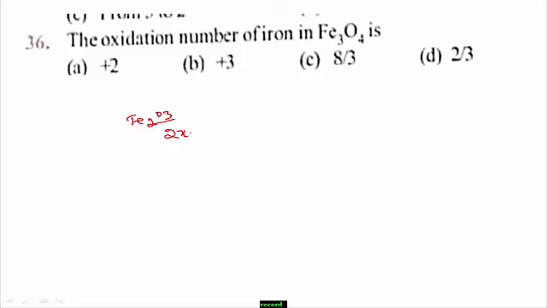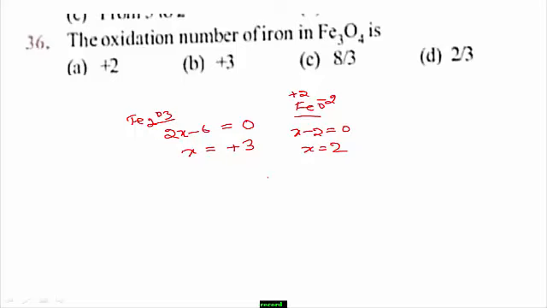Fe2O3 is 2x minus 6 equal to 0. Therefore x equal to +3. In FeO, calculate the Fe oxidation state in FeO. Here you know oxygen is -2 and definitely Fe is +2. Or you can calculate like this, x minus 2 equal to 0, therefore x equal to 2.